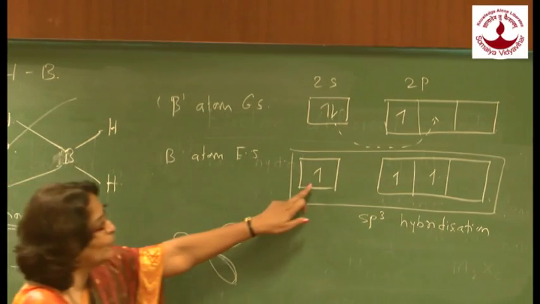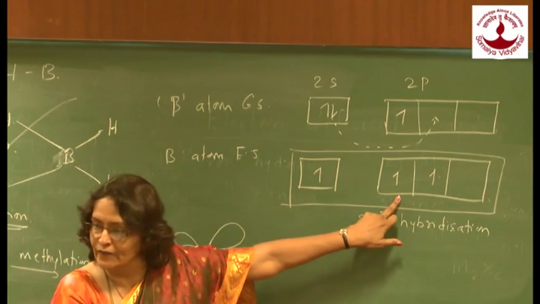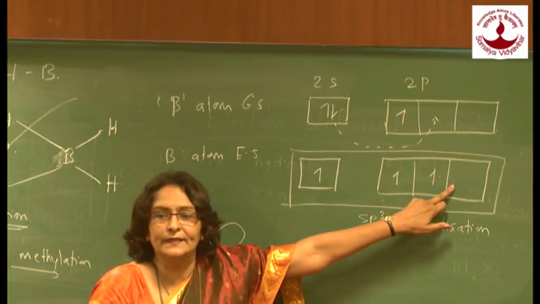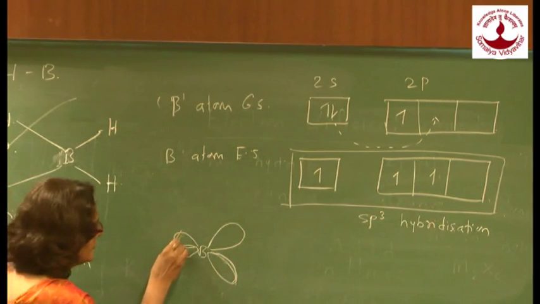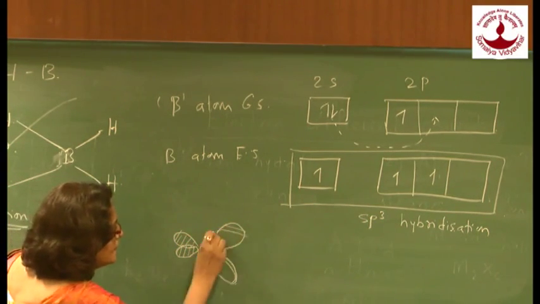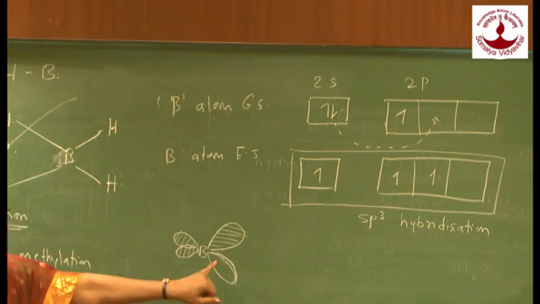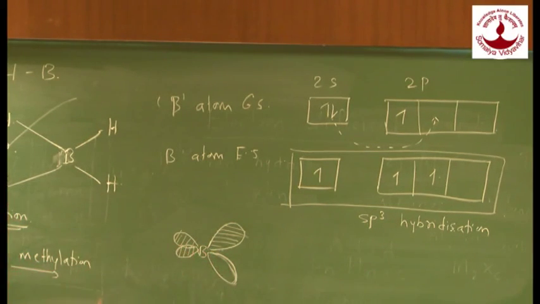Now out of these 4 sp3 hybrid orbitals, 3 orbitals are filled with a single electron and 1 orbital is vacant. Okay, so I will shape these orbitals because they are filled with a single electron, and 1 orbital I have kept vacant.